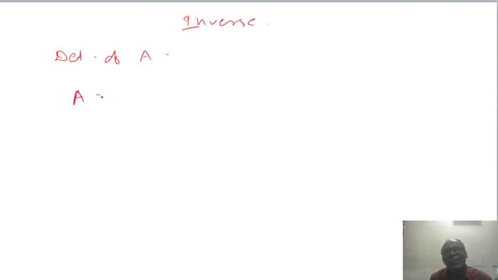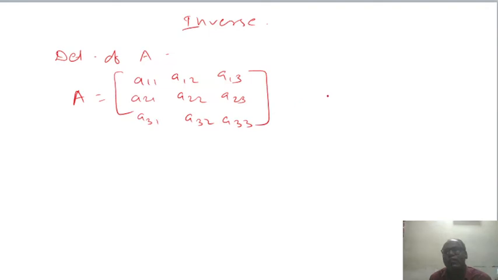What is A? A is your A11, A12, A13, A21, A22, A23, A31, A32 and A33. A is equal to Aij. What is meant by i? i is the row and j is the column. Is it clear? Now A11 means first row, first column.